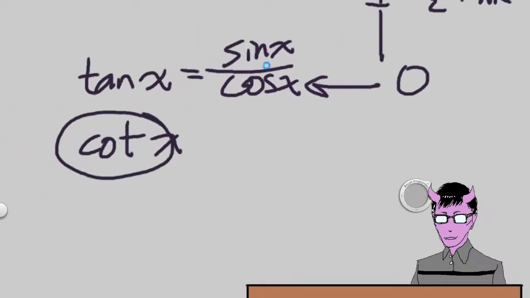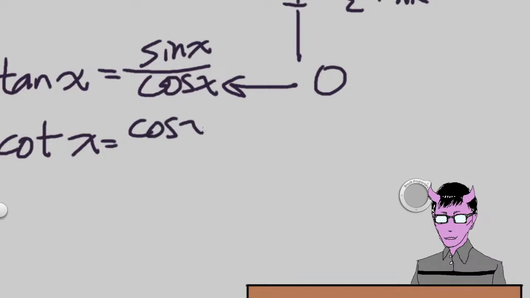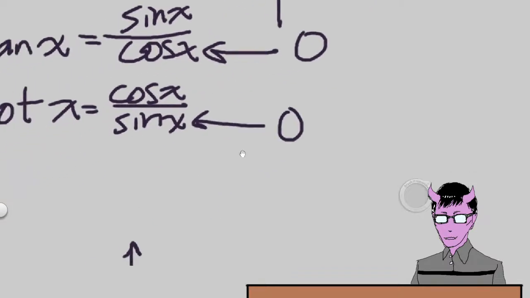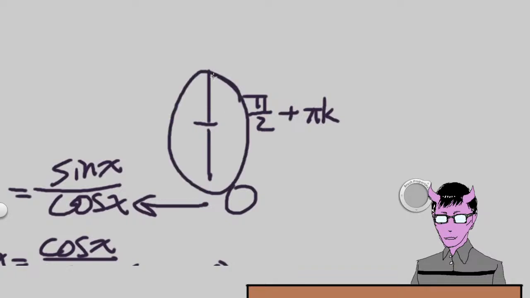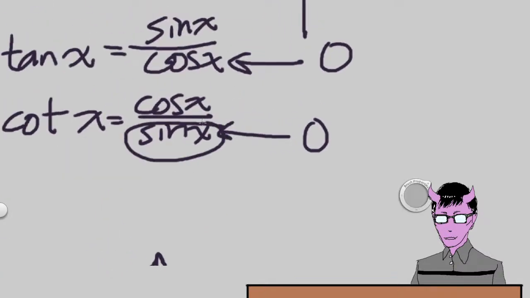But this one is just the flipped version of that one. So we have cosine of x over sine of x. So instead of forcing the cosine to be 0, we're forcing the sines to be 0. So this one relies on different interquadrant angles instead of these ones. So the relevant interquadrant angles for sine x are the sideways ones, right?